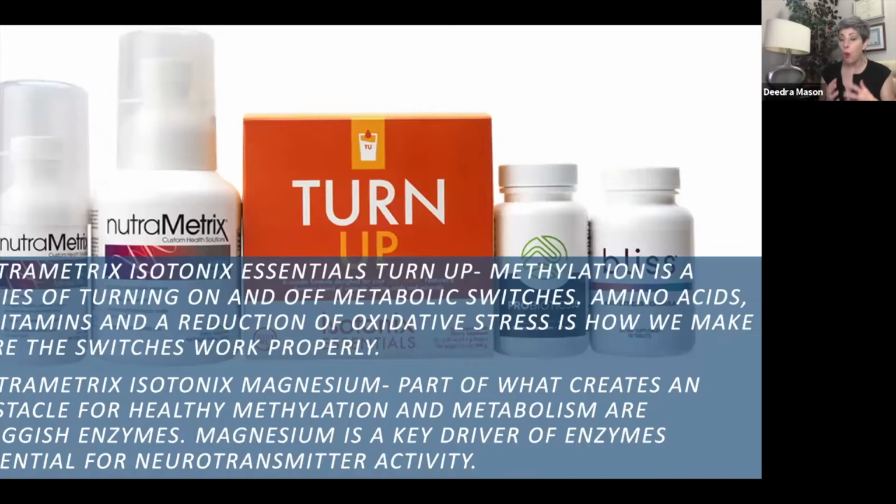And that's why we make sure to put the Nutrimetrics isotonic essentials turn up in the methylation bundle because it has phenylalanine, right? And one of the benefits of phenylalanine in the turn up product, in particular when it comes to methylation, is that phenylalanine blocks folic acid.